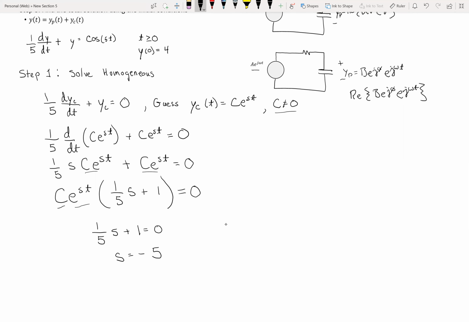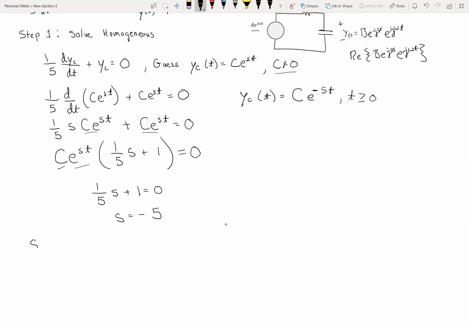Okay? That means that our transient solution is c e to the -5t for t greater than or equal to 0. Now, the thing is, I don't know enough yet to figure out that constant. That we need to figure out once we get to the last step, once we're looking at the total solution. So now we go to step 2.